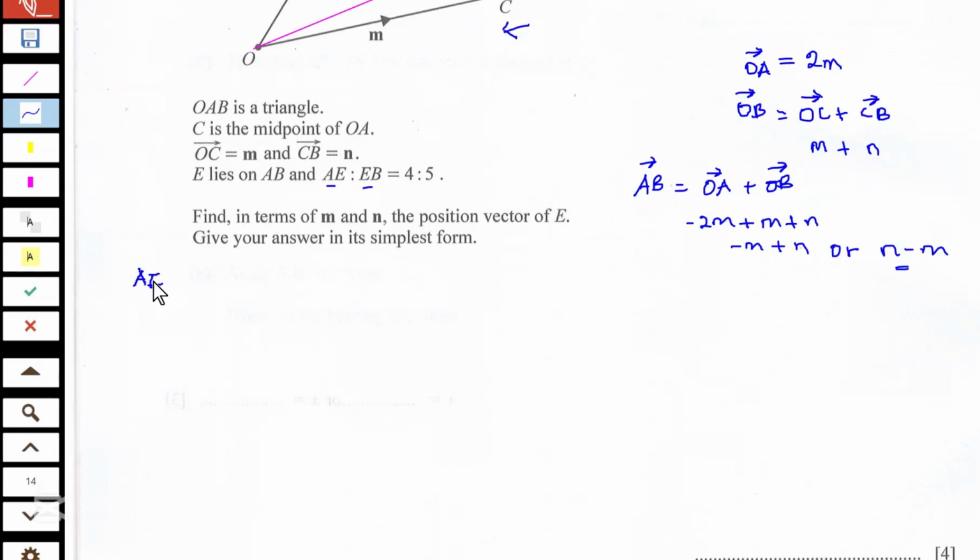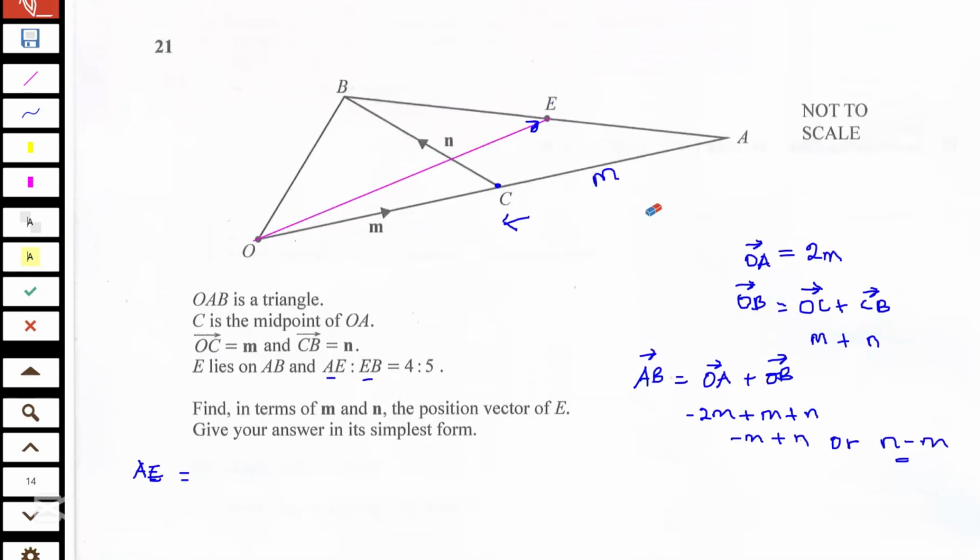We're told that AE is in ratio 4 to 5, which means 4 over 9 of AB.